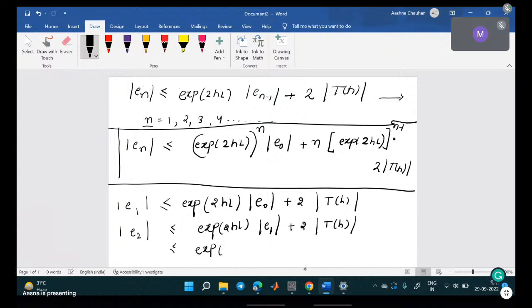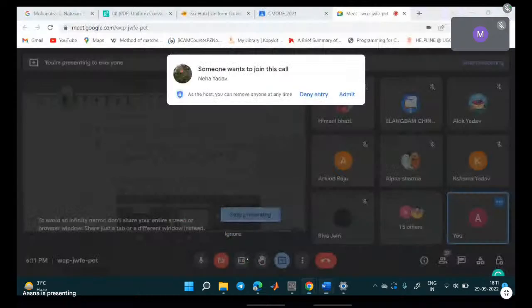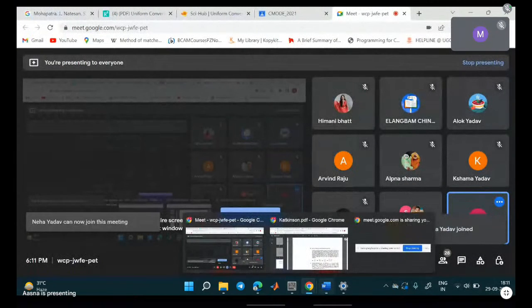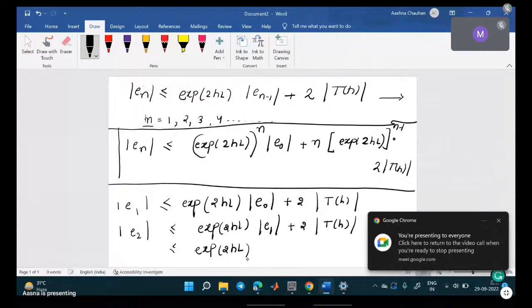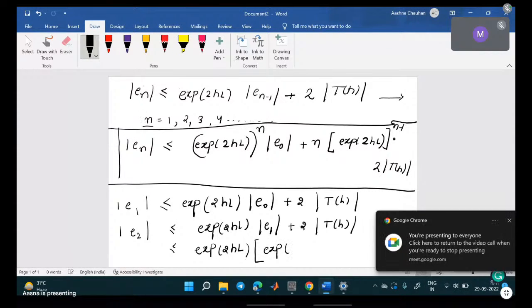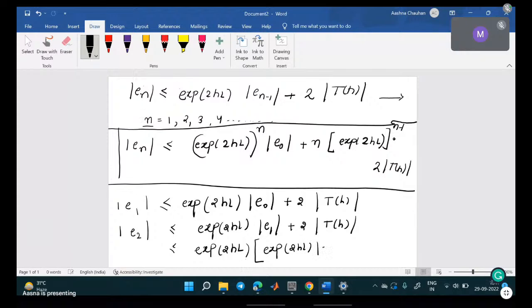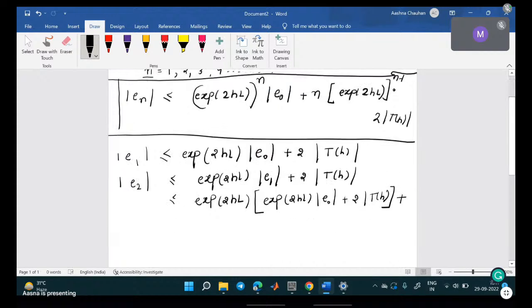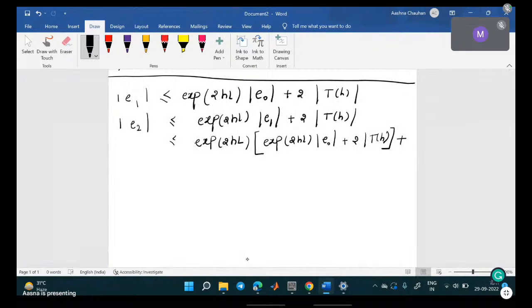So exponential of 2HL bracket exponential of 2HL mod of E naught plus twice of mod TH bracket close plus twice of mod of TH, right?